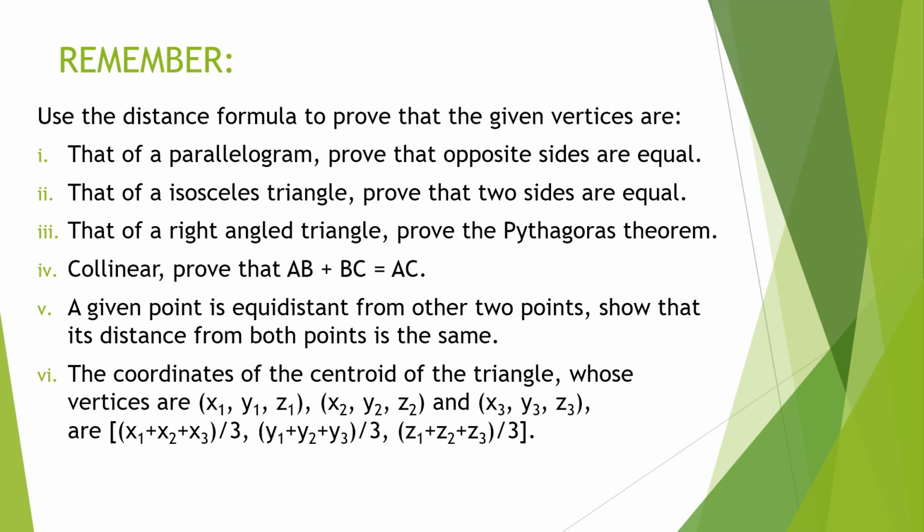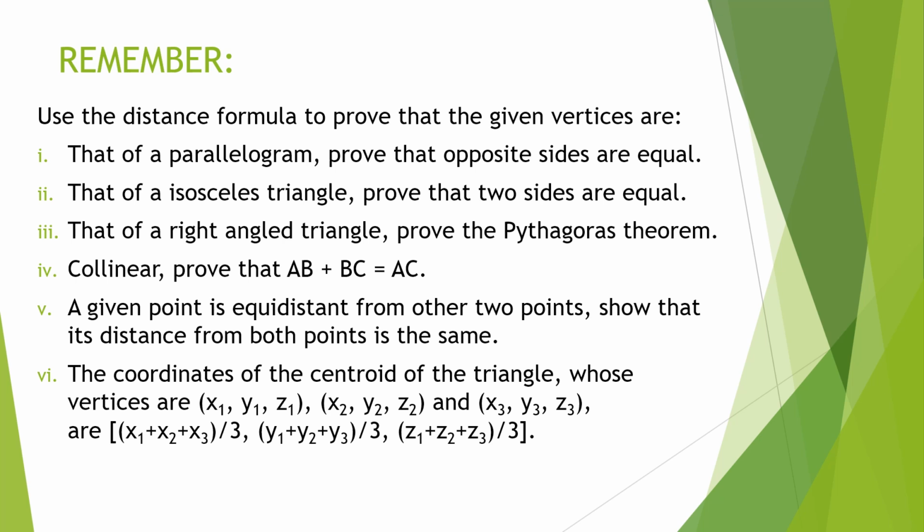Now suppose we want to use the distance formula to prove something about given vertices. First case, you want to prove that the vertices are of a parallelogram. Then how will you prove it? Just prove that opposite sides are equal. Find out the lengths of the 2 pairs of opposite sides, and if they are equal, it is a parallelogram. To show it is an isosceles triangle, just show that 2 sides of the triangle are equal.